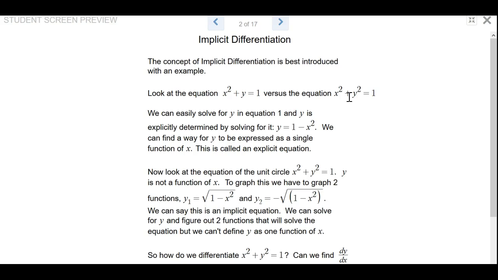This is a circle, the unit circle. And when we solve for y, we actually have two functions, the upper half of the circle and the lower half of the circle. And we can't explicitly solve for y as a single function of x.